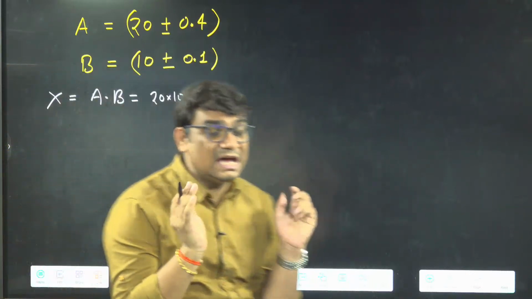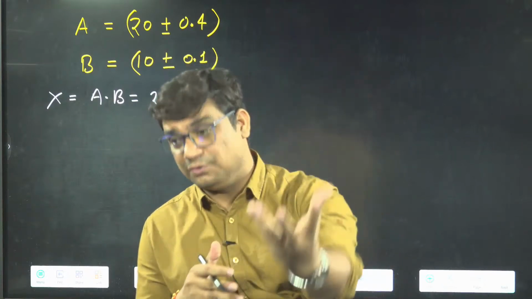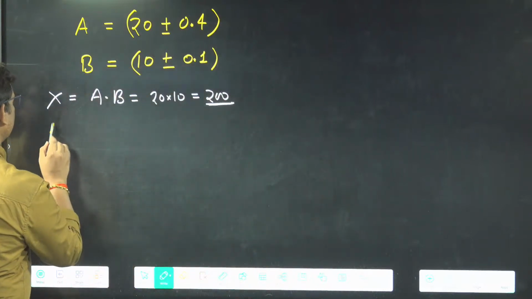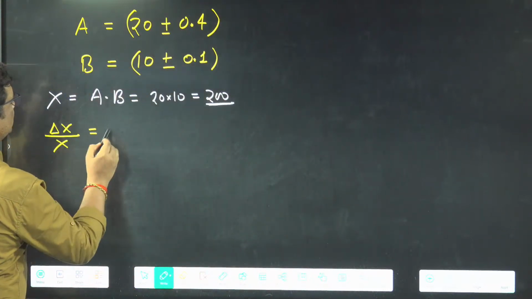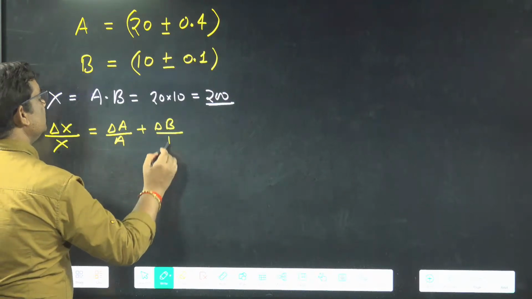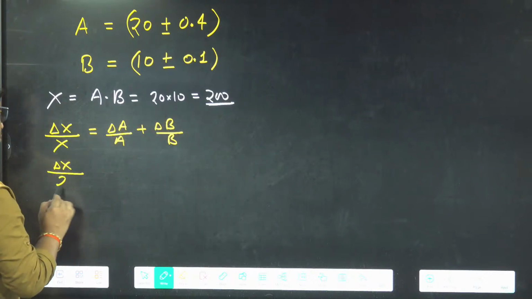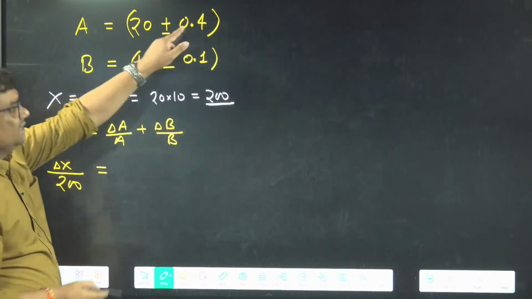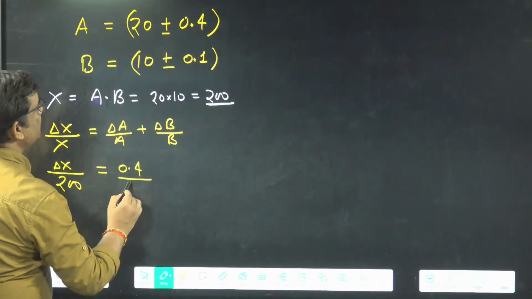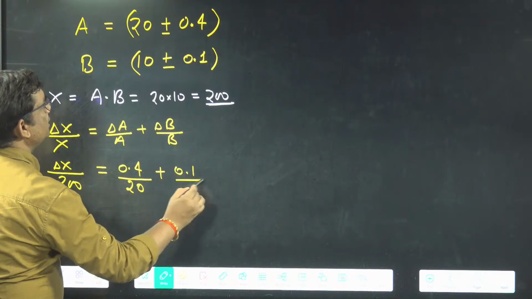Now we need to find the error, and finding the error is the more important part, because anyone can do the magnitude, but we have to learn how to find the error. To find the error we write delta x by x equals delta A by A plus delta B by B. So delta x we need to find. x is 200 here, and delta A is 0.4 divided by 20 plus 0.1 divided by 10.